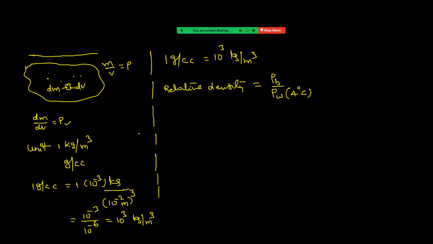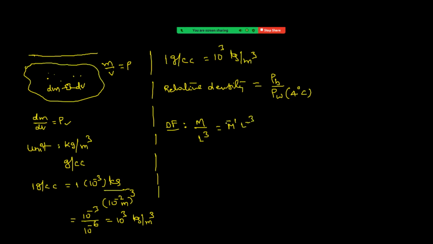If you look at the dimension formula for density, kg means we take it as M, meter cube, meter means length, so L cube. That is M power 1, L power minus 3.